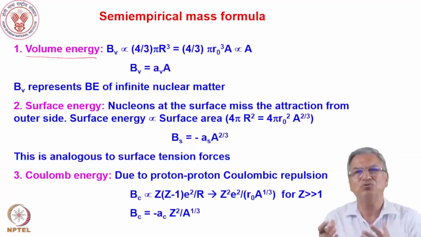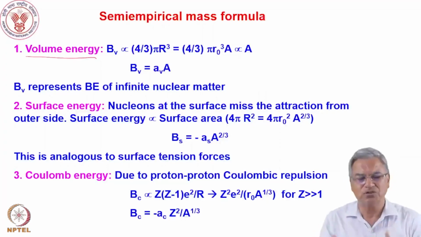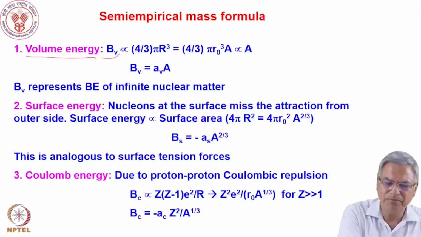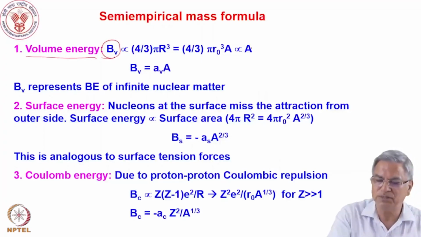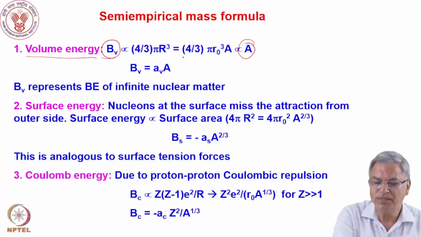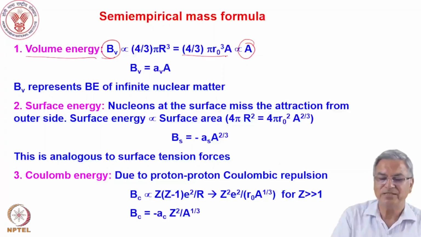B is proportional to A, or B by A is constant. So that is what we have tried to generate here: the binding energy of the nucleus is proportional to the mass number, and this proportionality constant is nothing but this term. What is that? The volume term.